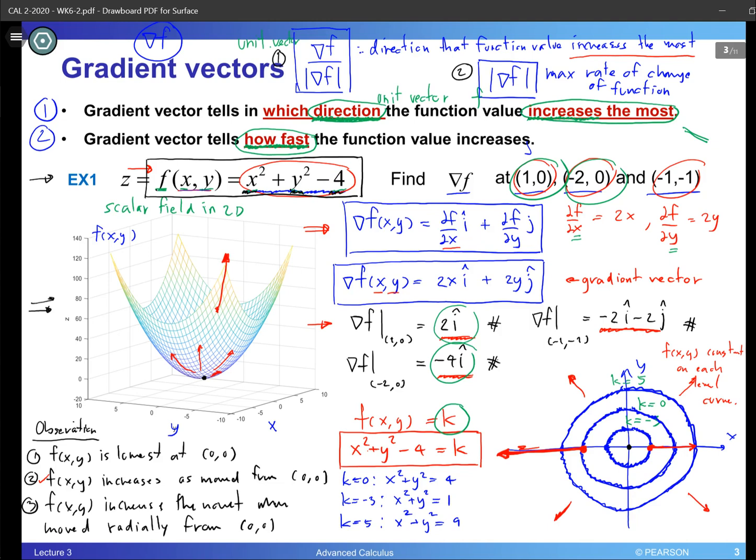Now let's take a look at the last one. Right here, -1 and -1. Of course, we expect it to point away from the origin radially. So at -1 and -1 is supposed to be right here. Alright, and what kind of vector we have? -2i and -2j. So this vector points out with the length of 2 square root of 2.